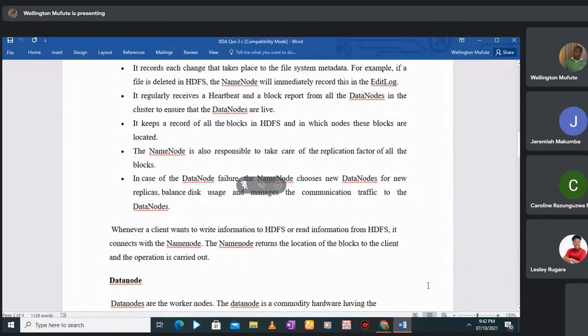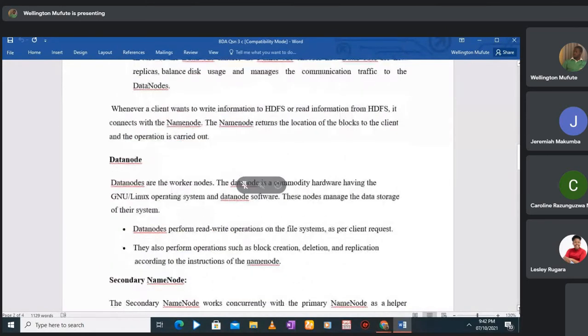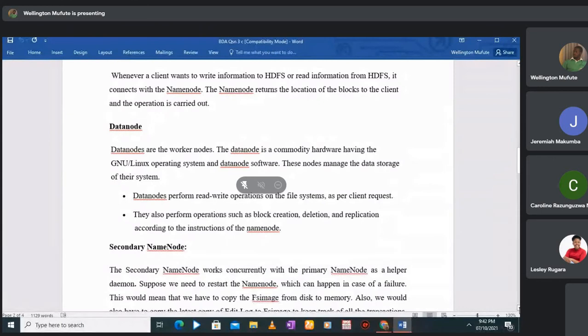We also have the data node in the HDFS. So the data nodes are the worker nodes, and the data nodes manage the data storage of their system. They perform the read-write operations on the file systems as per the client requests. They also perform operations such as block creation, deletion, and replication according to the instructions of the name node.